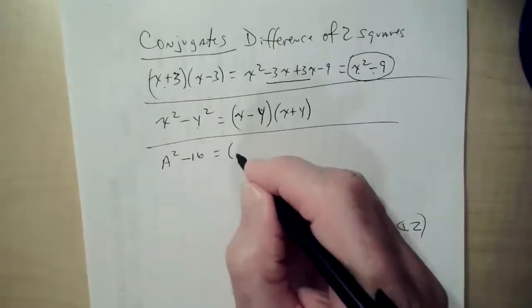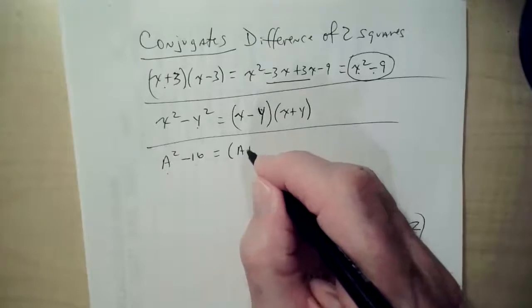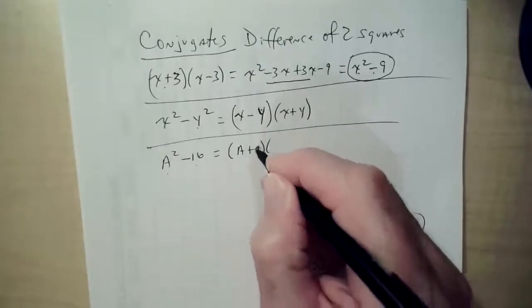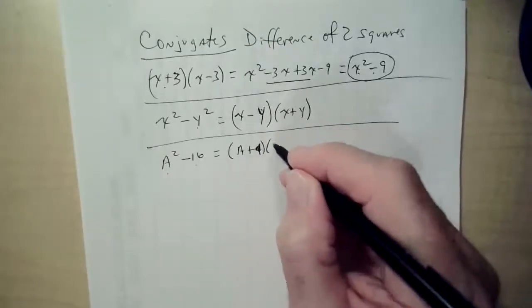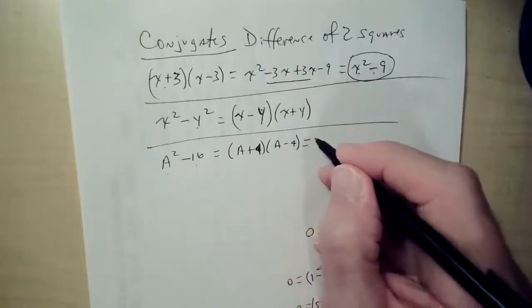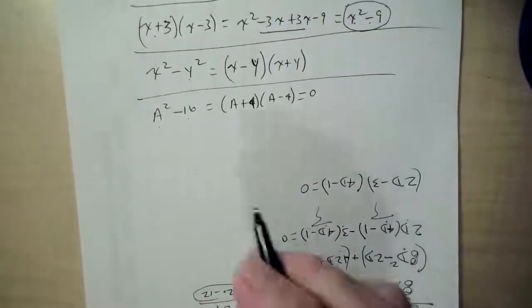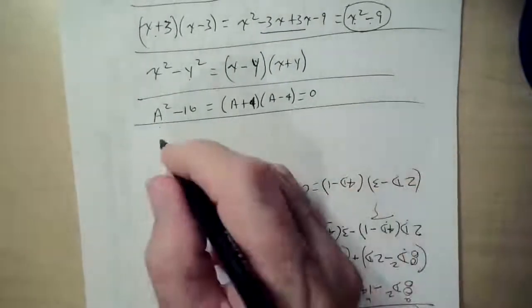Same thing here. a squared minus 16. Each one of these is a perfect square. So it's a plus 4 times a minus 4 equals 0.